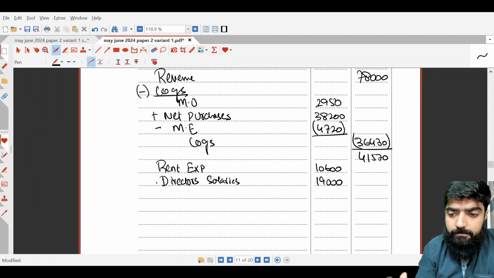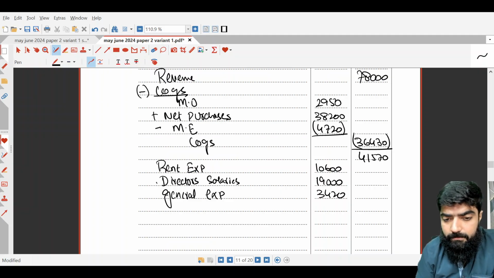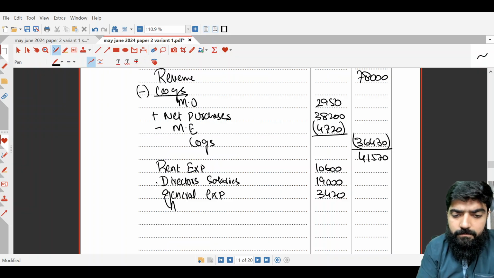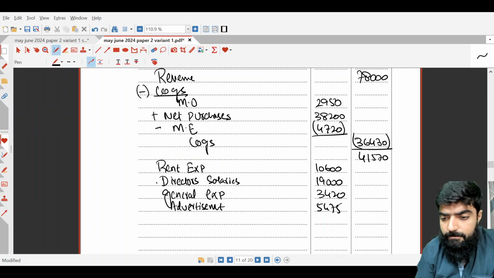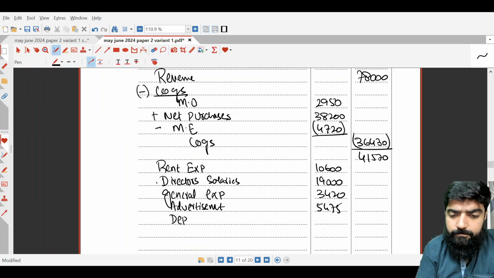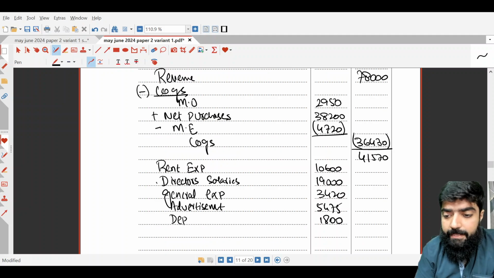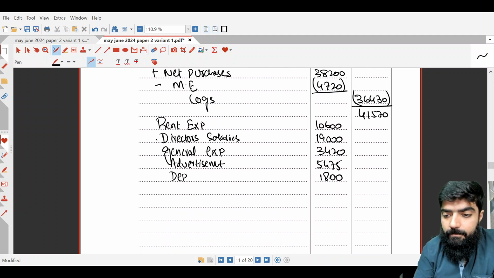Next, general expenses, 3,420. Then we have advertising, which is 5,400 plus 75, which is 5,475. Then we got the depreciation of fittings, 18,000 times 10%, so 1,800. That's all. Can you please total the expenses?